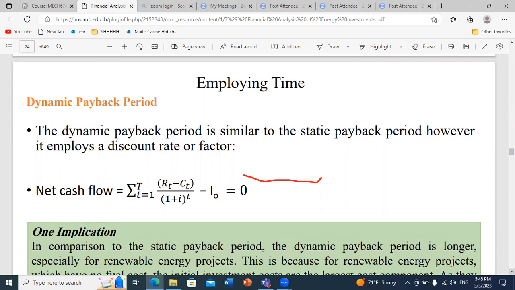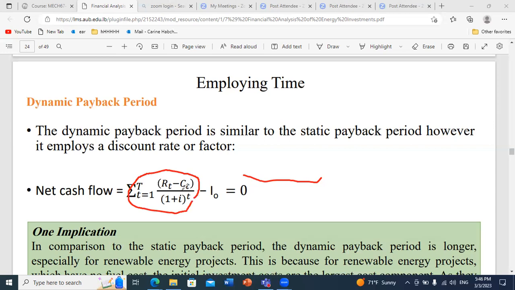And how to calculate it? It's very similar to the concept. It's the same concept. The payback period is calculated when the net cash flow is zero. But now it's more complex to find it because this term, for each year, we should divide by 1 plus i to the power t.